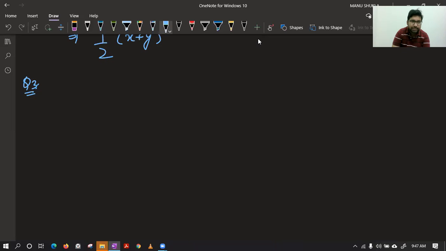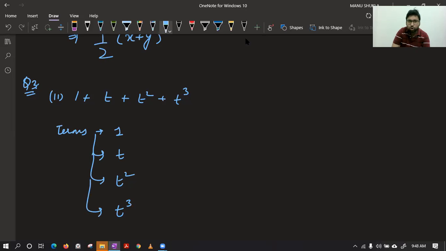Suppose I take the second part. The expression is 1 plus t square plus t cube. What you will do is you will write the terms first. The terms are 1, t square and t cube.